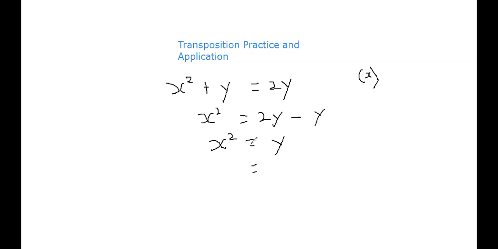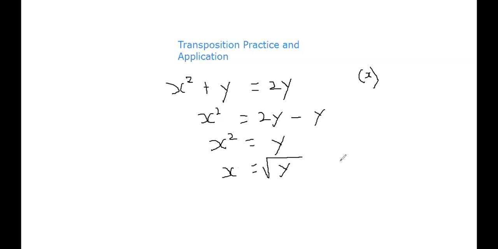So now we need to get rid of the power, which is a square. When we take over a square, what do we get on the other side? Square root. So we need to square root everything on the other side. So we square root y.